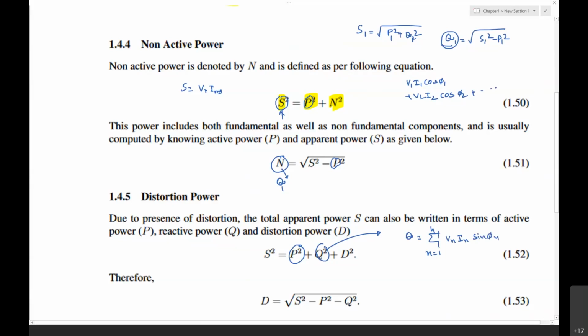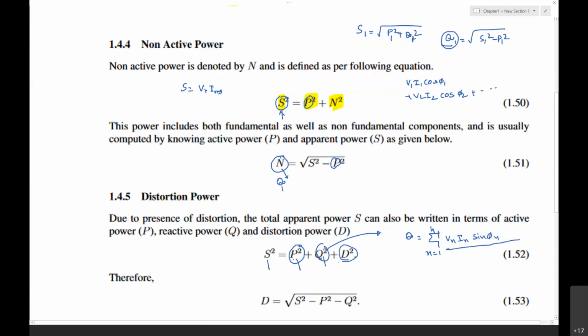In that case, when you know all these summation values, S square is equal to P square plus Q square. Even so, this P square plus Q square is not equal to S square. There is one more term, which is called the distortion power D.